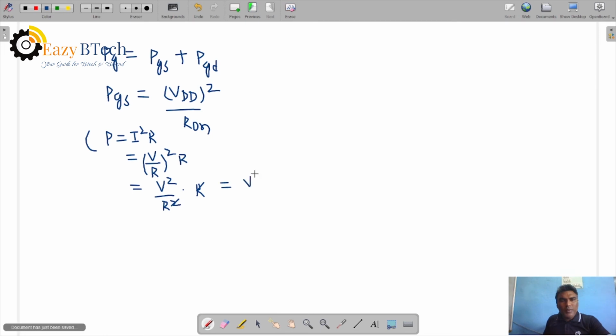This will be V square by R. V means VDD, the supply voltage. So VDD whole square by R, where R is the on resistance. Now PGS is VDD whole square by R on.